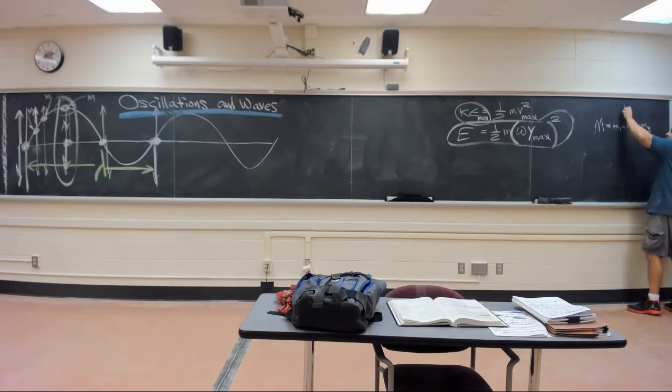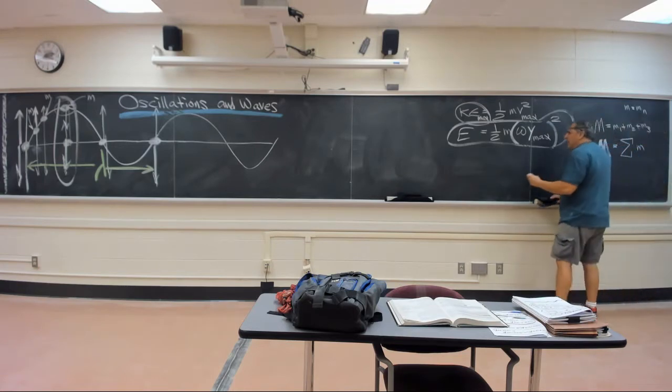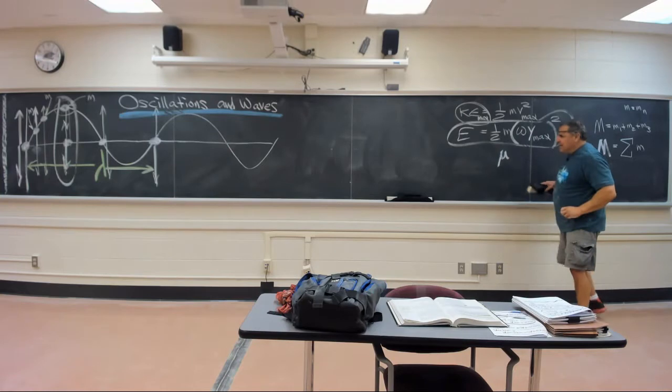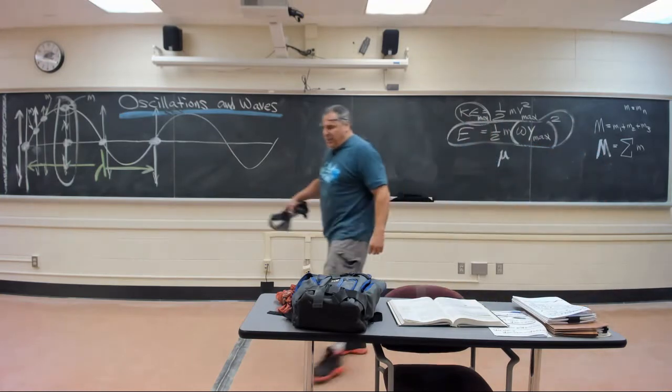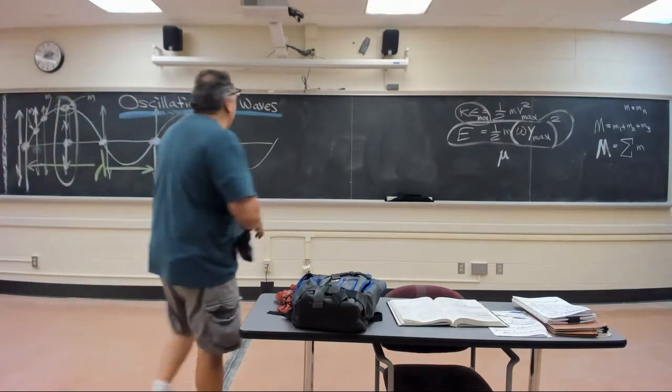Yeah, I know, but m is equal to any of the m sub n's. You're just going to sum all of these. It's going to be the summation of all these little m's. Yeah, I got a better way to do it. Why don't you get this thing called mu? Mu is the linear mass density. They use lambda in other places, but you can't use lambda here because lambda is the wavelength. So you can't really go there.